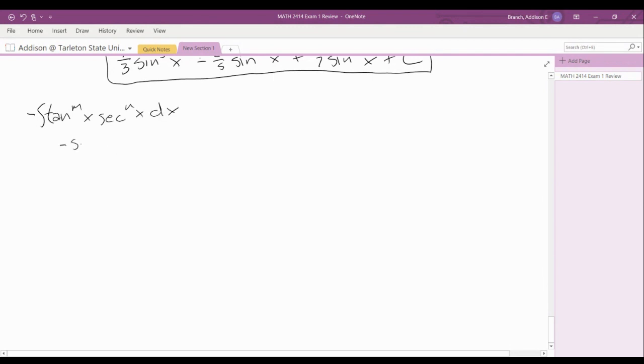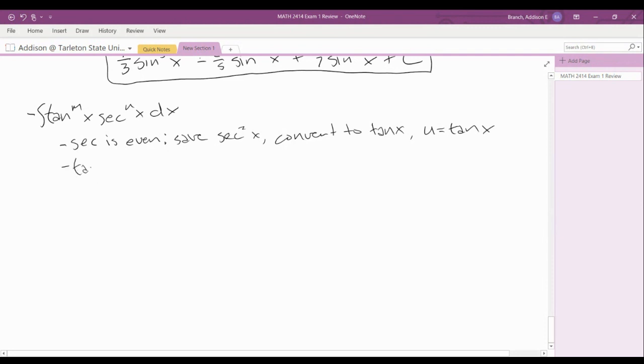If the power of secant is even, what we can do is go ahead and save one little secant squared, and in a similar way we've been doing, convert the rest of them to tangent and do a u sub where u is equal to tangent of x.